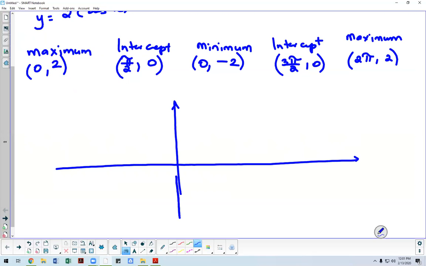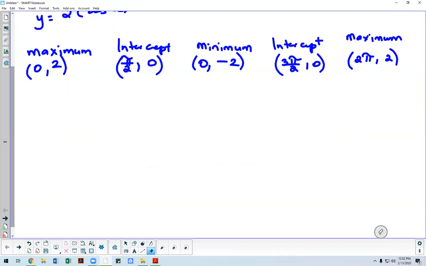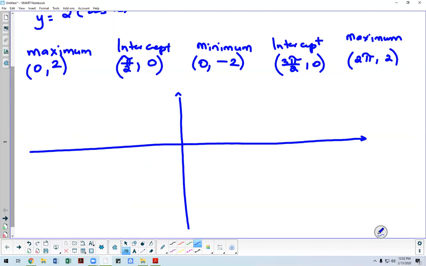Okay, so in this case, we're actually going to do our y-axis in the middle, and then, I probably want to make this longer. And they're actually asking us to go from negative pi halves.